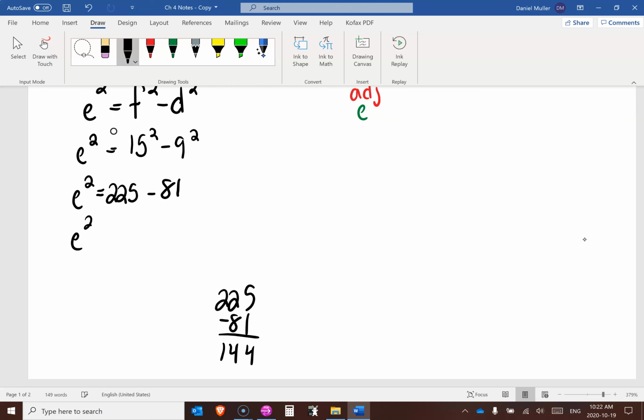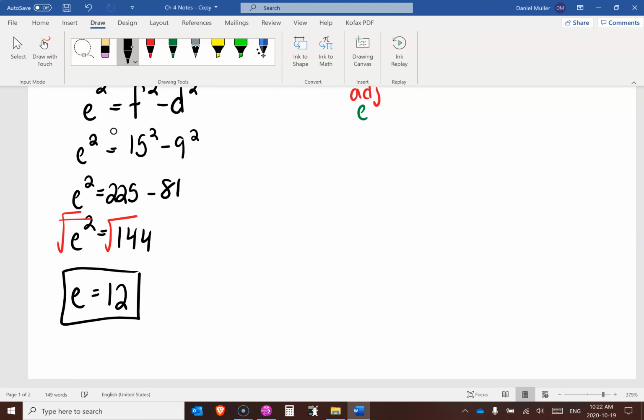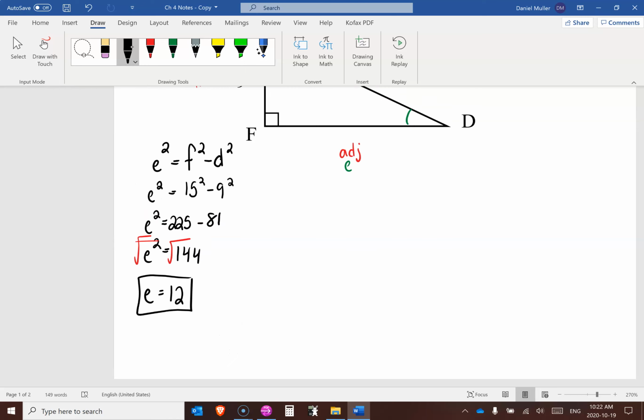So e squared is equal to 144. And then I can square root both sides to cancel that out. So e is equal to plus or minus 12, but we're dealing with actual lengths here, so we'll do positive. So there we have it. E is equal to 12. So that one was relatively straightforward.